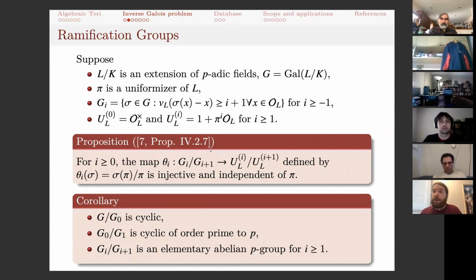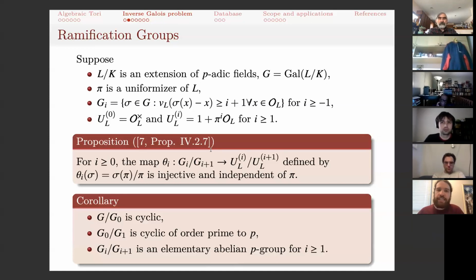So in order to talk about what extensions of p-adic fields look like, we use class field theory. Here's the summary of what class field theory tells us that's relevant for our purposes. If you have an extension of p-adic fields and a uniformizer of the top field, you can look at a filtration on the Galois group, let's say it's a Galois extension.